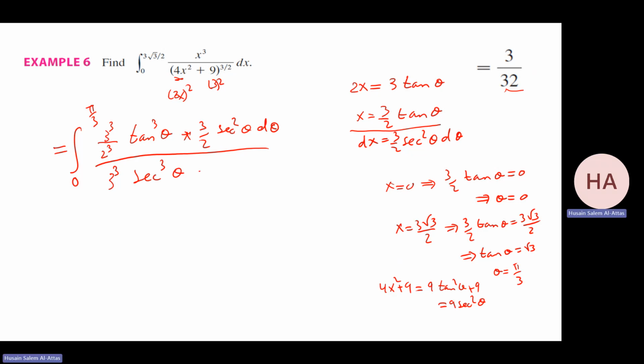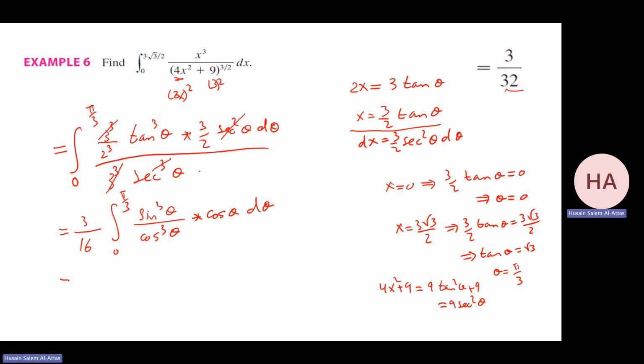So what I have cubed, I'll go with this one. I have outside 3 over 8 times 2, 3 times 16, 3 over 16 of what? Also this cancels with the cubed. So I have tan cubed, which is sine cubed theta over cosine cubed times cosine d theta.